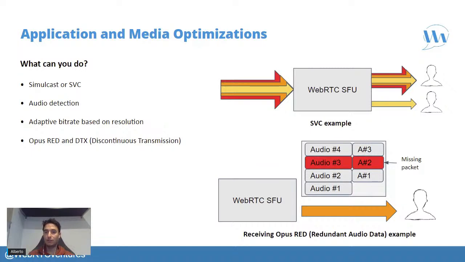So basically, you could send HD quality, SD quality, all published to a media server, and based on the state of the clients, of the CPU, of the different parameters that are analyzed in the SFU media server, the SFU could distribute high qualities to some users and lower qualities to others.